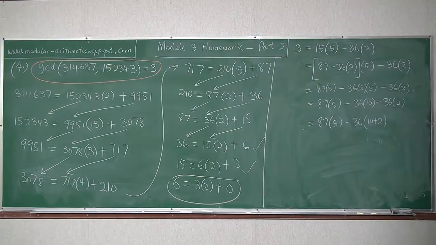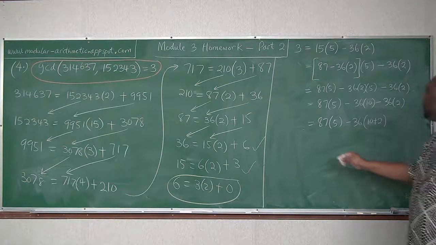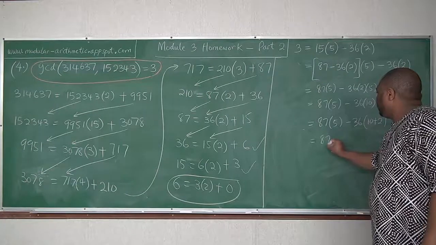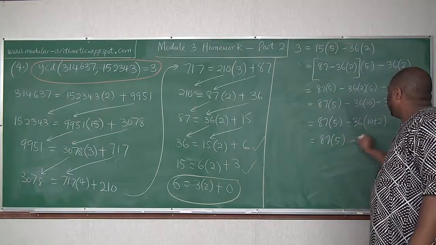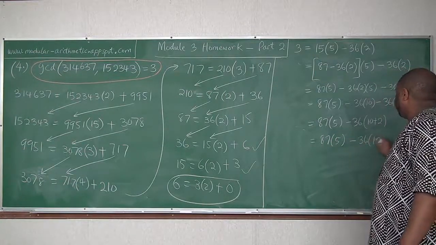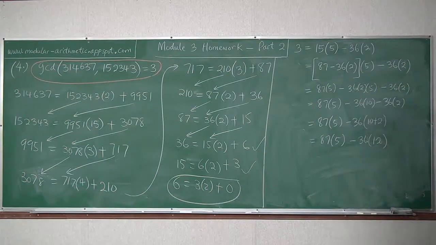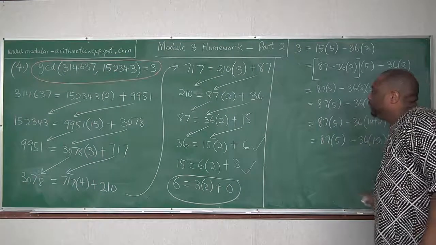Okay? You factor by GCF. So this is 87 times 5 minus 36 times 12. See that? Now, we've done this step. We've knocked it off.